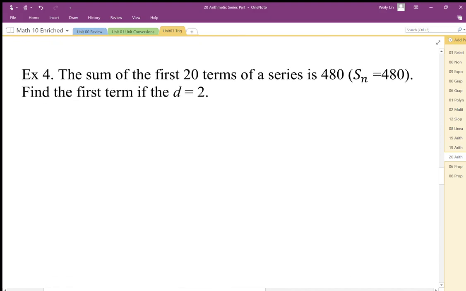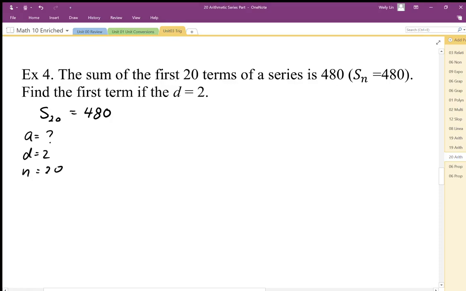For this one here, we've been given the sum of the first 20 terms. So we've been given S20, and S20 is equal to 480. Find the first term if the common difference is 2. Well, we know that the formula involves knowing a, d, and n.